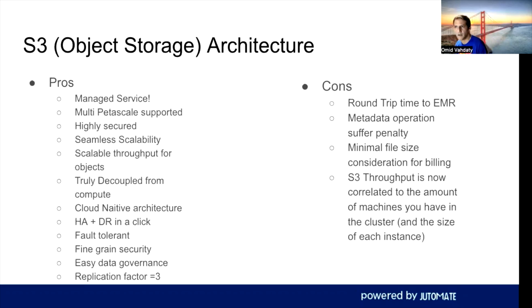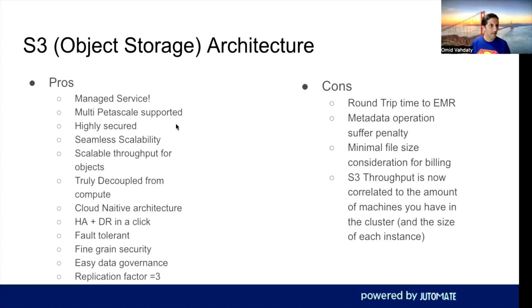Here's the thing. One, the architecture is different. It's designed as an object storage architecture, which is a traditional storage system architecture, which has its pros and its cons like any other application, because essentially S3 is an application designed to support storage use cases, but still an application.